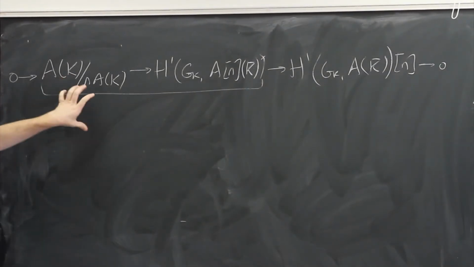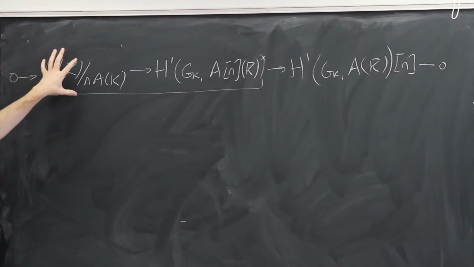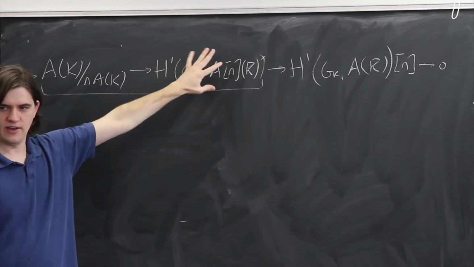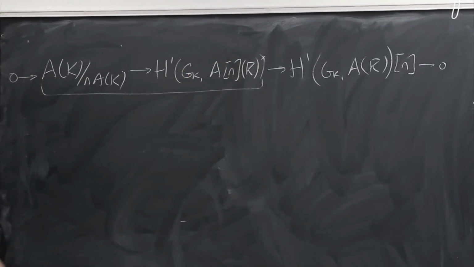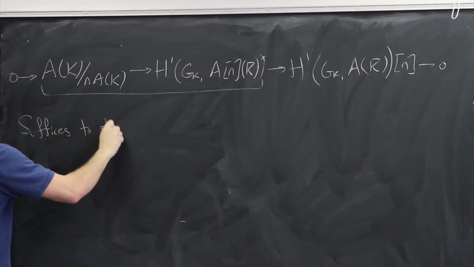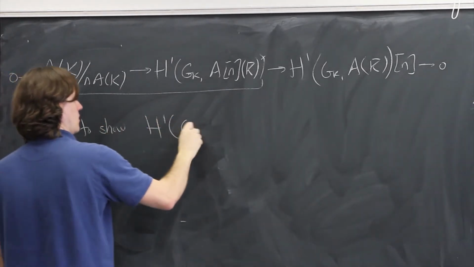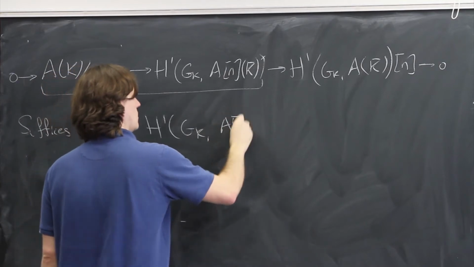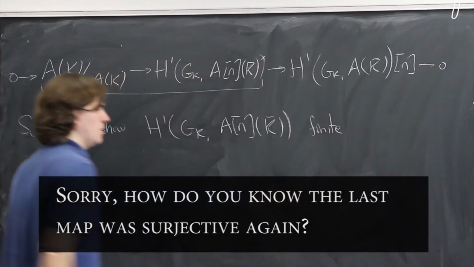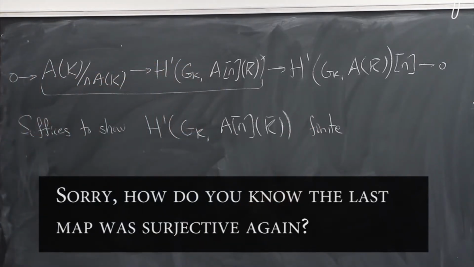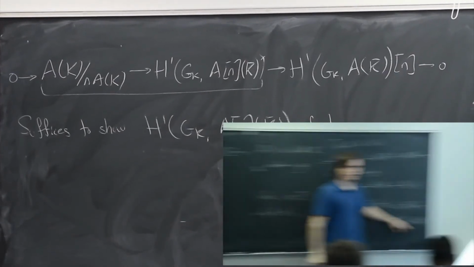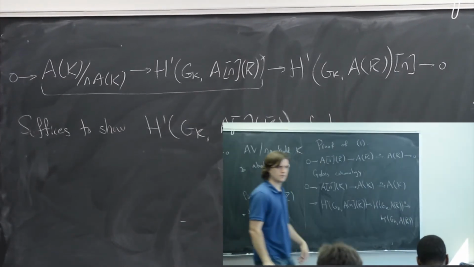So we're exactly trying to prove that this group on the left is finite. And here we have it injecting into another group. So it suffices to prove that this group in the middle is finite. I mean, this is a long exact sequence, so the image here is the kernel here.